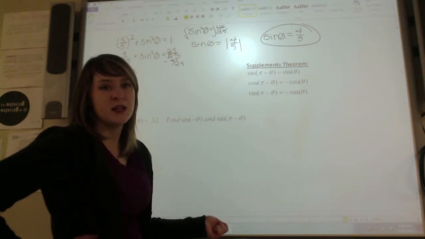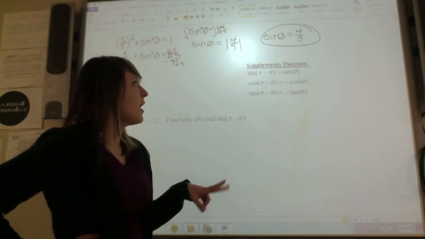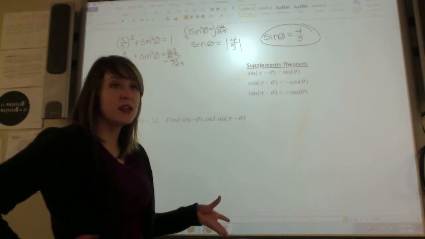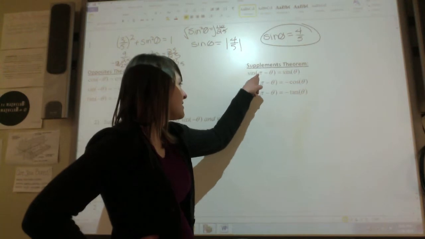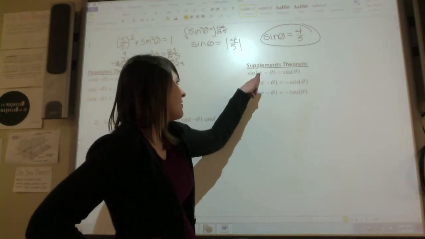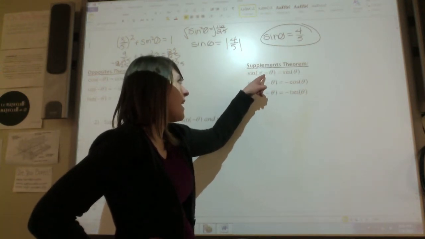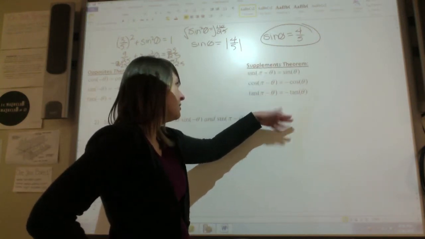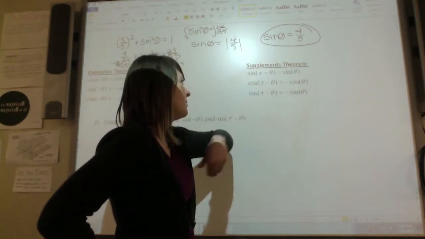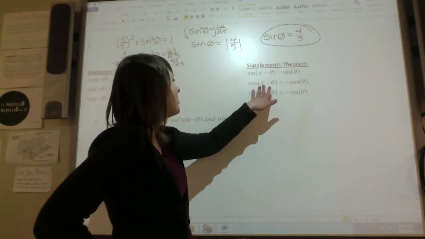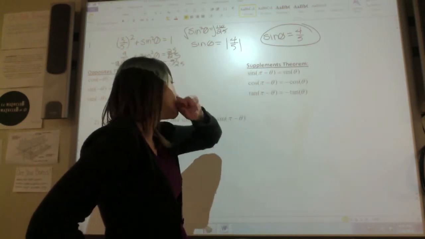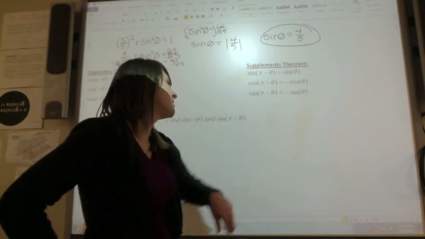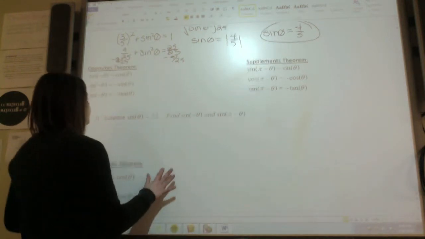Remember, two angles that add up to 180 degrees are supplementary. 180 degrees is the same as pi. So I'm saying if I take pi minus whatever angle I have, that's going to give me the supplement, and this is what the supplement looks like. For sine, the supplement is just the sine. For cosine, the supplement is negative cosine. And for tangent, the supplement is negative tangent.